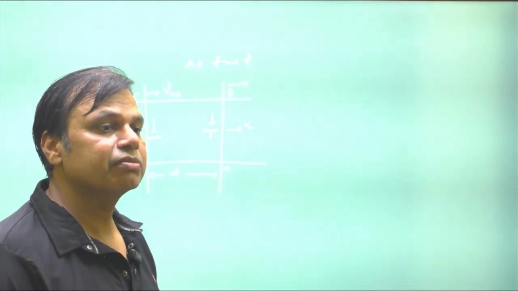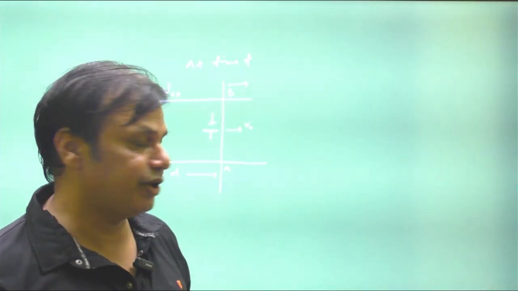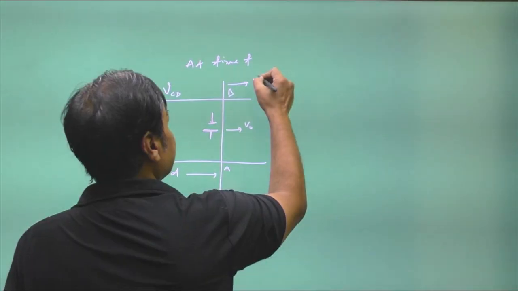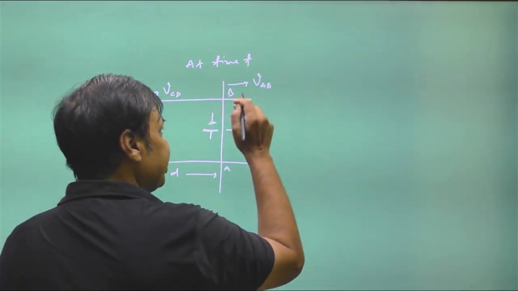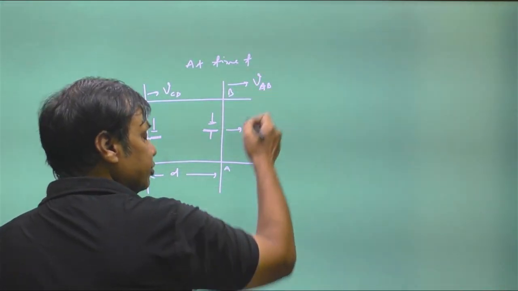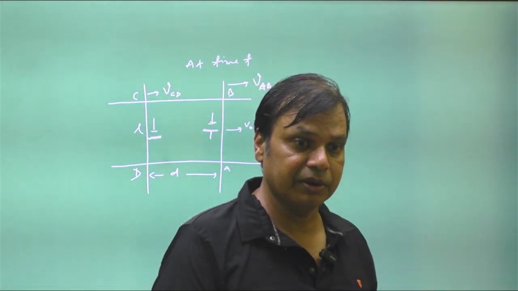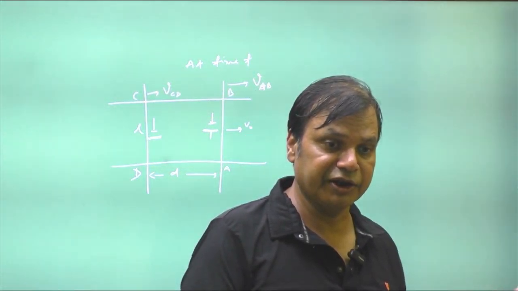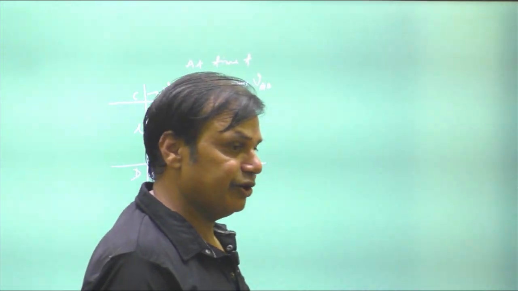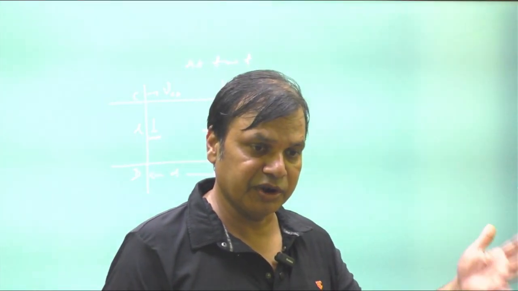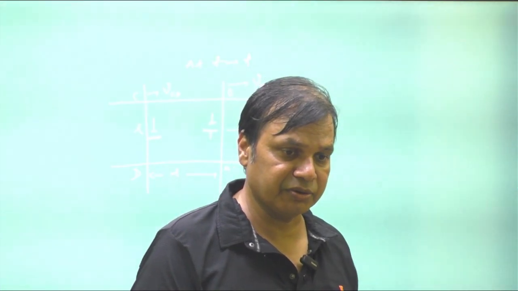Let's call it time t, and then its velocity is VAB. They have not achieved the same velocity yet. This is an intermediate moment of their journey before they achieve equilibrium.